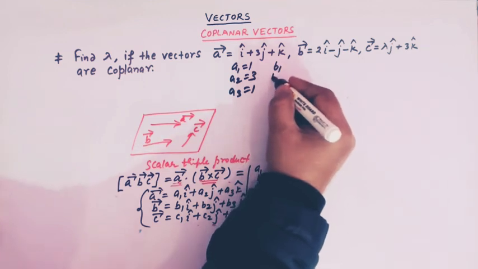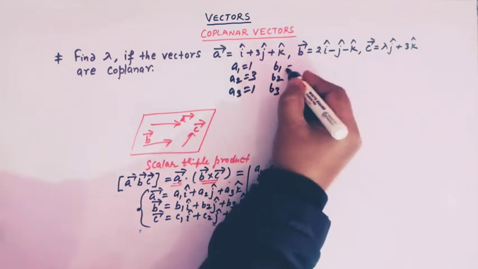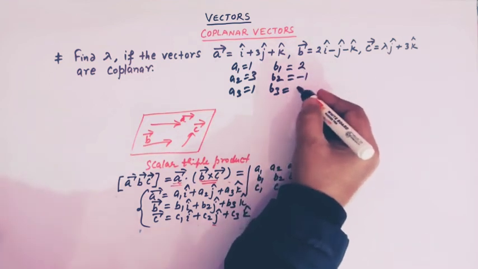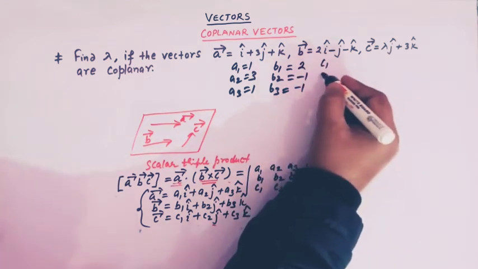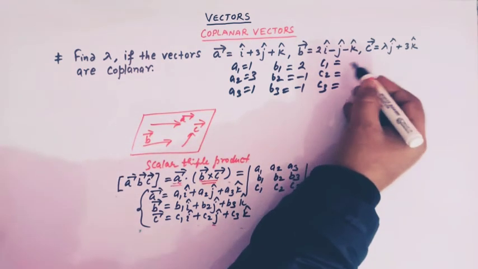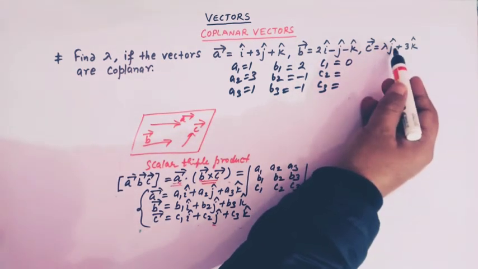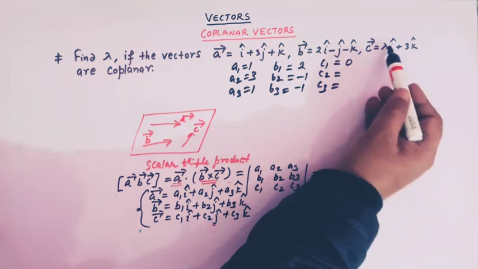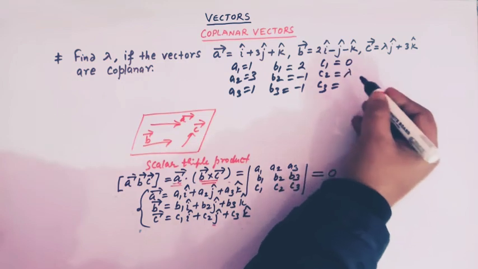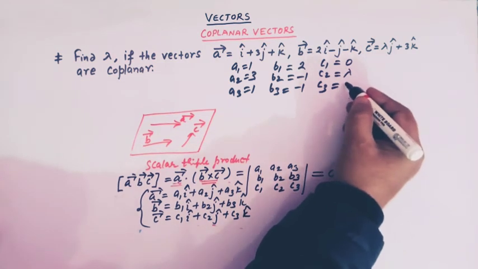Similarly, B1, B2, B3 are given by 2, -1 and -1, and C1, C2, C3 are given by 0, because here there is no component of x, so C1 is 0, and C2 is lambda and C3 is 3, right?